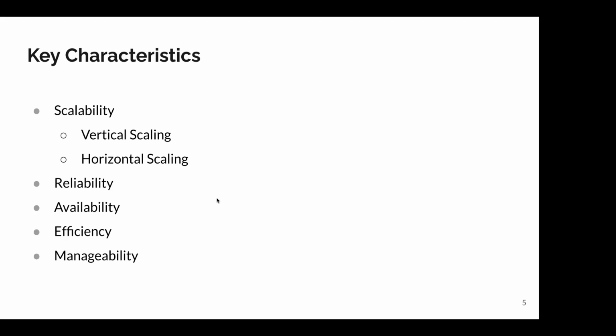That is reliability. Availability is like, if your system is available 99% of the time, that is, in a period of time, how much your system is available to serve the user requests. The next thing is efficiency. Efficiency is about throughput.